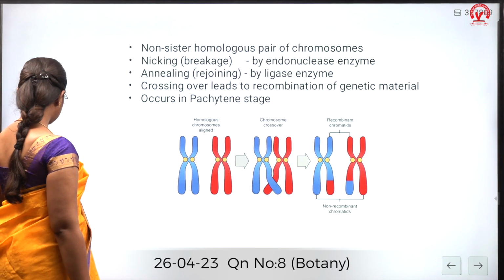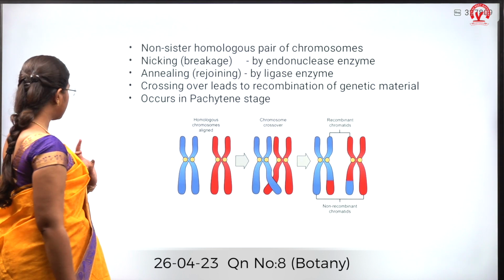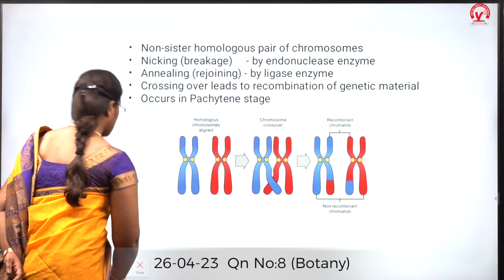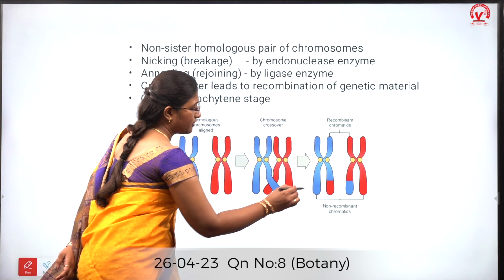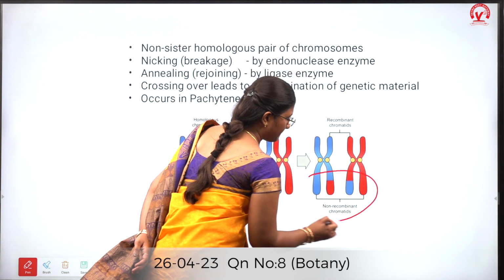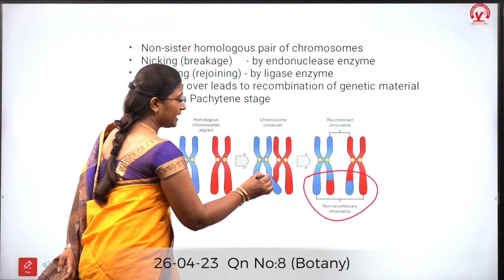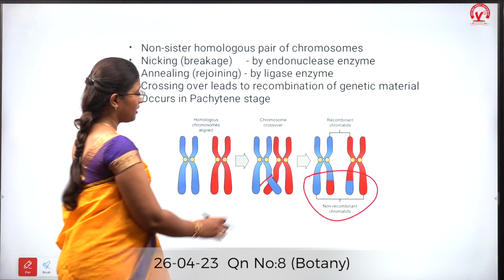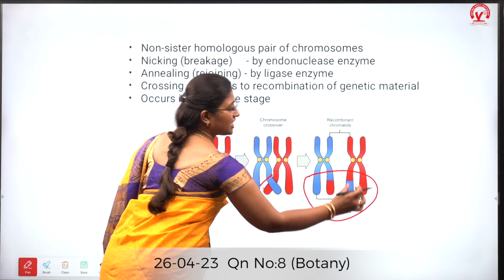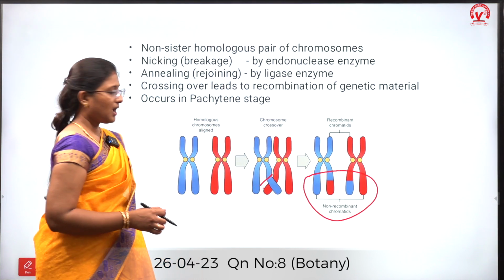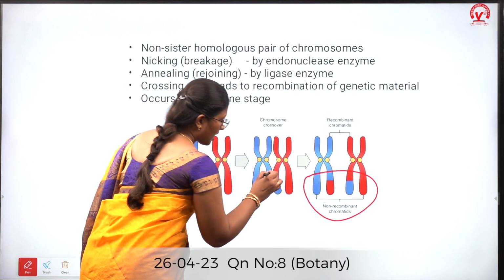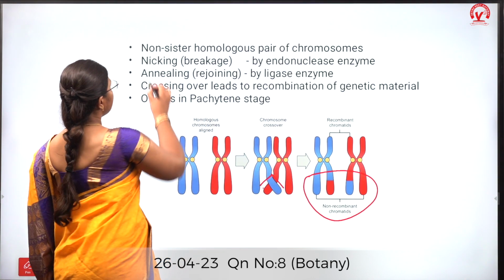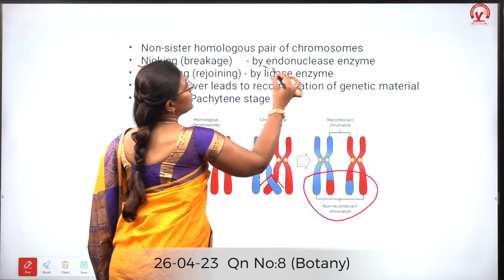What happens here is the two non-sister chromatids come together and recombination of genetic material happens. A cut happens and part of one chromosome gets exchanged with another chromosome. How does this happen? There occurs a nick between two chromosomes, and that nick is caused by endonuclease.